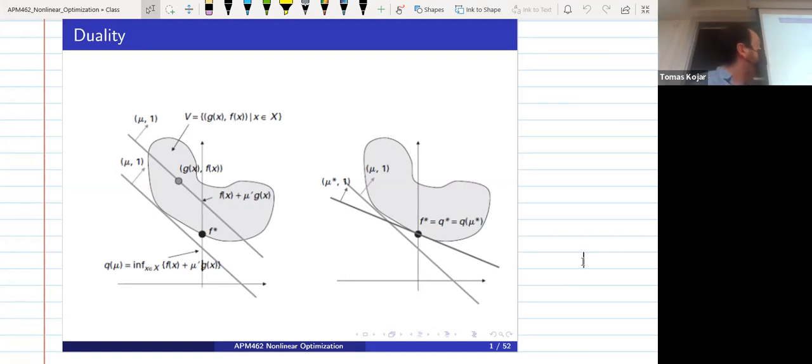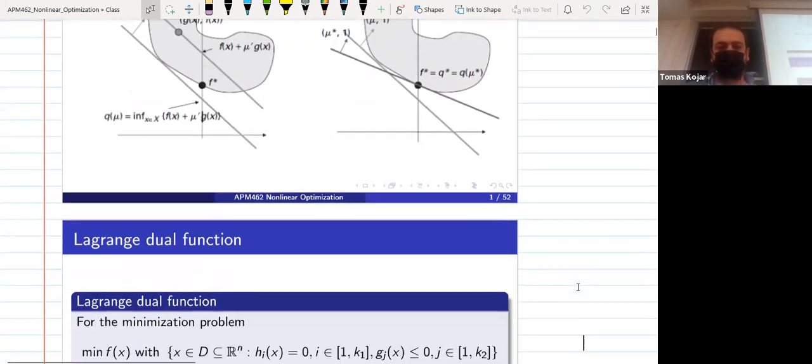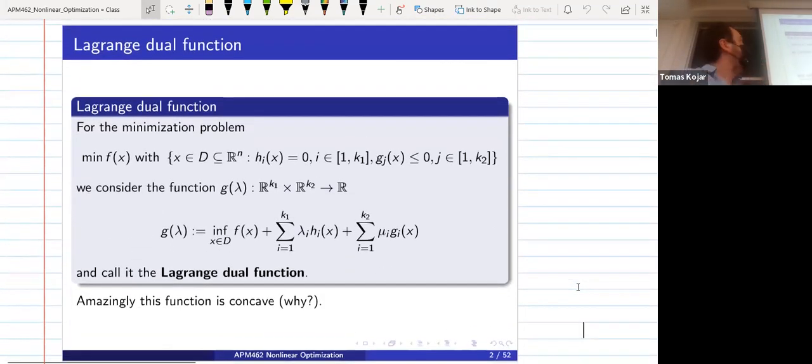Yeah, so I should do a little bit of duality, and then we'll start numerics finally. Just to remind you, we started the minimization problem, and you have some constraints, and you put them all in the Lagrangian dual, and this is a miraculous function because regardless of the original problem, this is always concave because it's linear in lambda and mu.